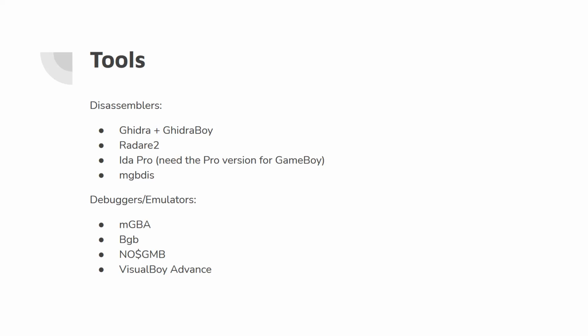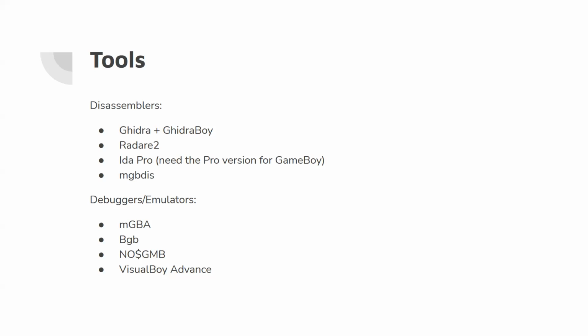So it's useful if you already know what area of the ROM you're looking at, and you just want another interpretation, if you want to double check yourself, or if you're in a resource constrained environment and you can't run Ghidra because of memory issues or something like that.